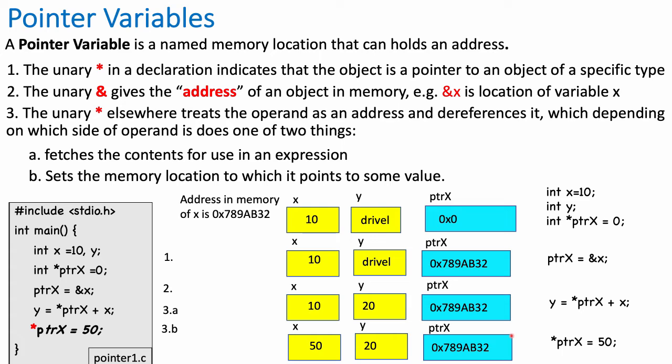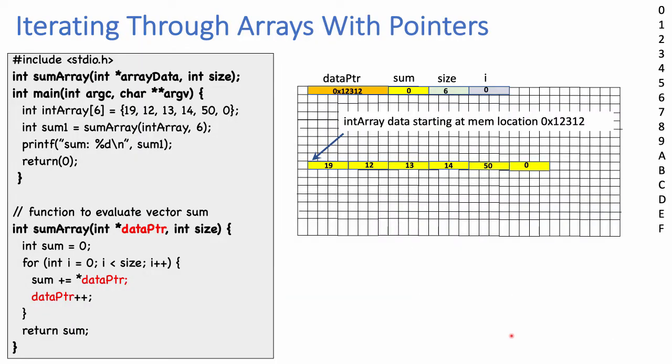So that was the first problem we presented yesterday on pointers. We also used pointers in a second example when we were iterating through arrays with pointers. Let me remind you of the program. We have our preprocessor directive, where we're including standard I/O. We're defining the function ahead of time, before we use it.